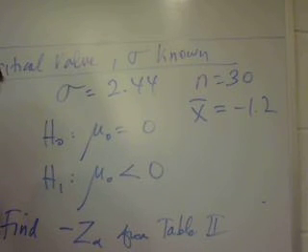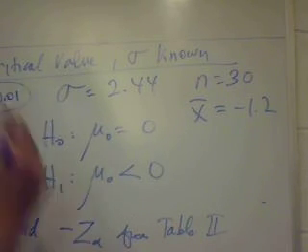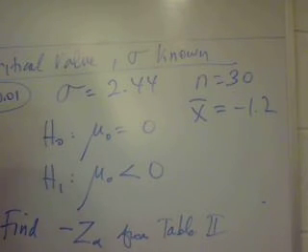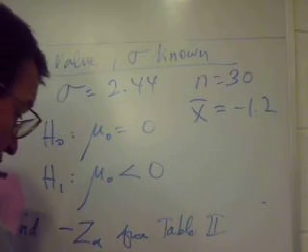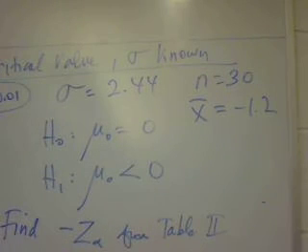So we're looking for negative Z sub 0.01, okay? Because in this case, alpha is 0.01. So we're looking for negative Z sub 0.01 from the narrow box under table 4. And from that narrow box, we find that's negative 2.326. That's where the left tail begins, negative 2.326.